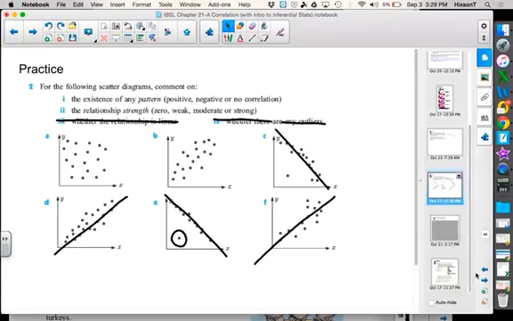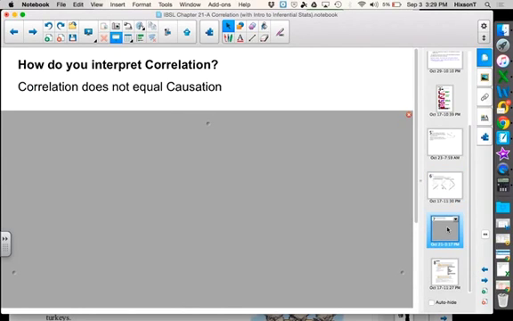One of the things, though, we need to make sure that we are very, very careful about, especially when we're talking about correlations, is not implying any kind of causation. All right? As you read a correlation, we need to make sure that we are not inferring any kind of causation.